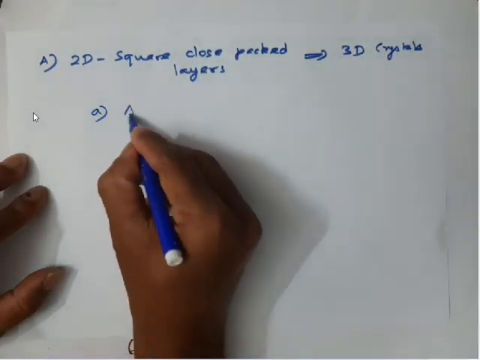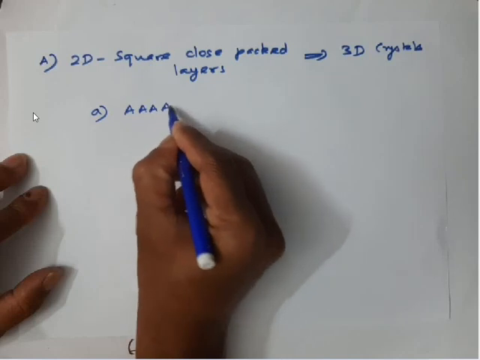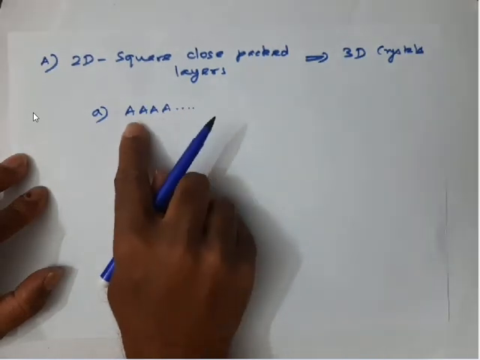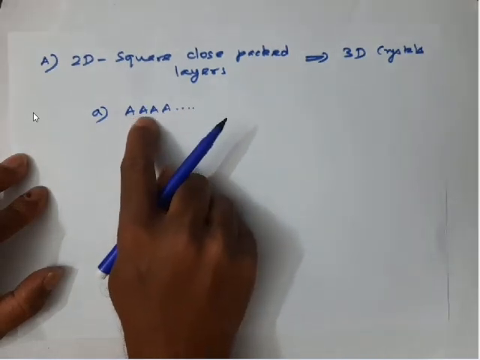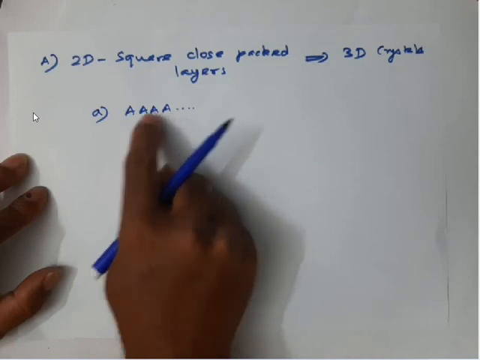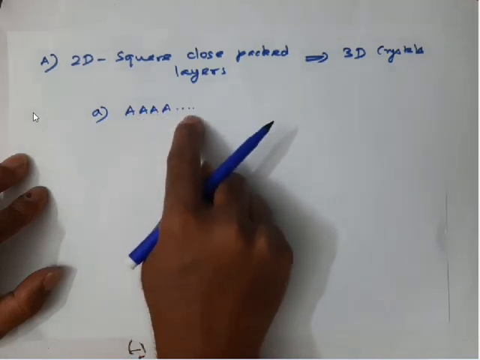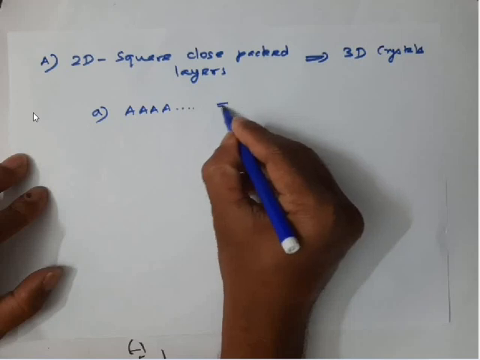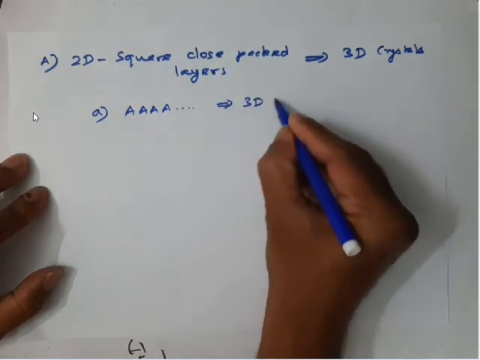If you arrange the layers in such a manner that one layer eclipses the other layer, like an AAA type arrangement, then you will get a 3D crystal.